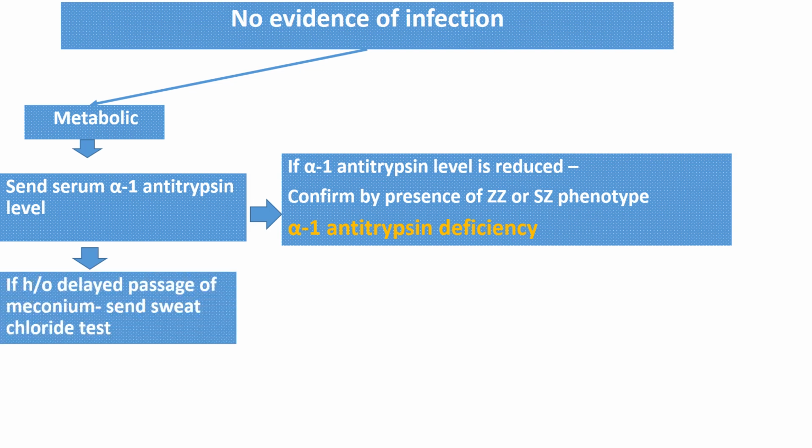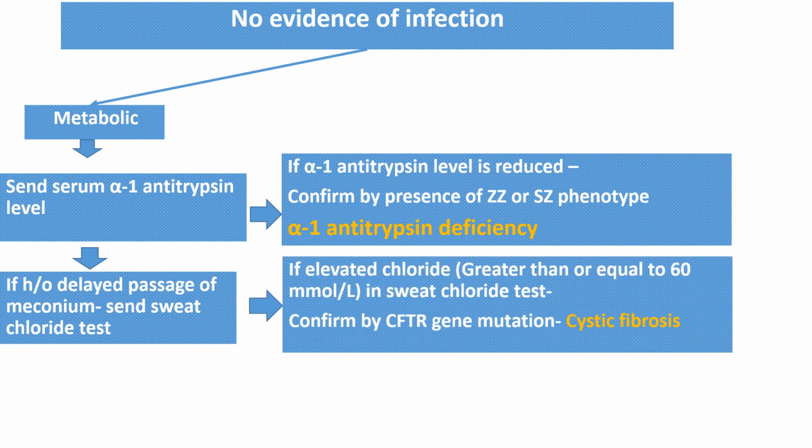If it is also not, and if the newborn has a history of delayed passage of meconium, then send the sweat chloride test. And if the chloride level is greater than or equal to 60 millimole per liter in the sweat chloride test, then confirm it by CFTR gene mutation, which is characteristic of cystic fibrosis.